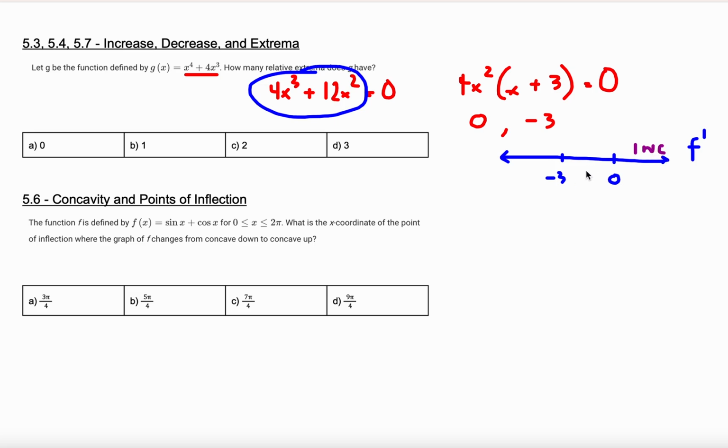A number in here would be -1. That'd be -4, positive 12. That's still increase. And then if I plug in -4, that's going to end up being negative. That's decrease. So I technically only have one extrema, and it's at -3.